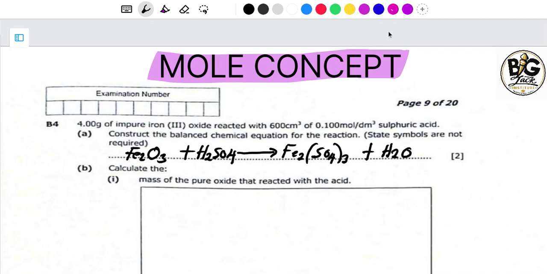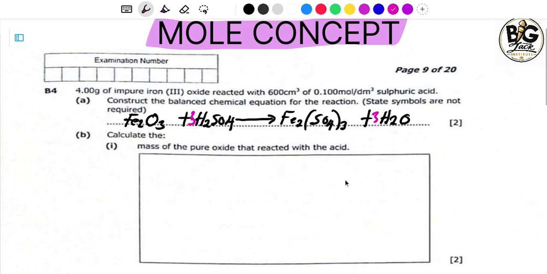So balancing this one, I'm going to put a 3 here, even here a 3. So that here we're going to have 6 hydrogen, even here 6 hydrogen. The oxygen here we're going to have 15, even here the oxygen we're going to have 15, because 1 multiplied by 3 is 3, then 3 multiplied by 4 is 12, and 12 plus 3 is 15. So it is balanced. Do not include the state symbols.